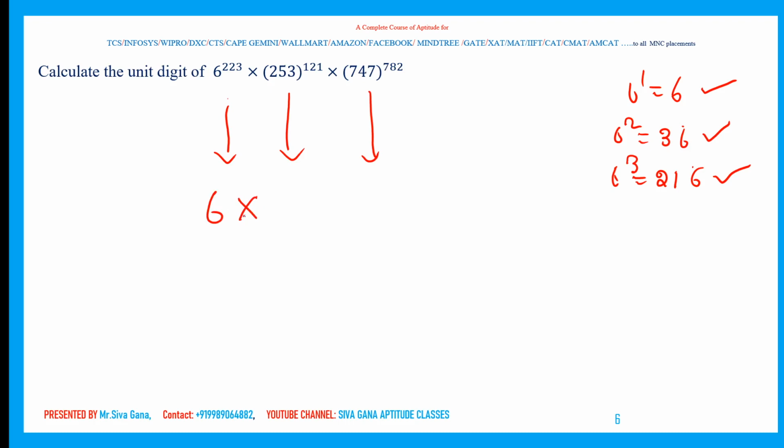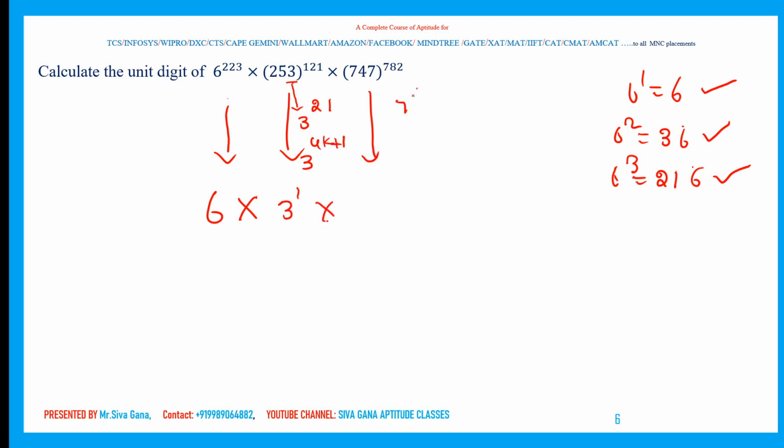Now the second term is nothing but 3 power 21. We need to consider only one digit in the base and only two digits in the power. 21 is in which form? 4 5s are 20 plus 1. This is 4k plus 1 form. Its unit digit is simply 3 power 1.